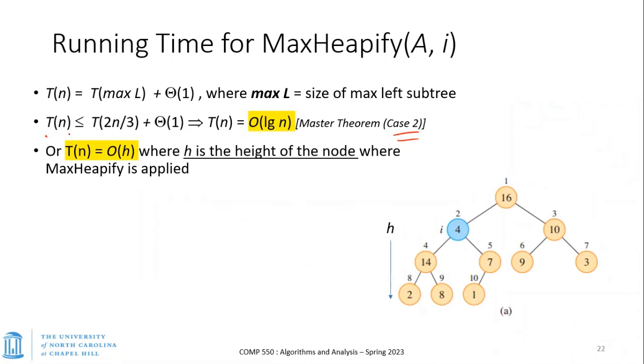If you have this relationship, hopefully by now you can see that through. But if you can't, just look it up in the master theorem and you'll see that it is order of log n. This could have been any value; it could have been 9/10 of n, or 999,000th of an n.